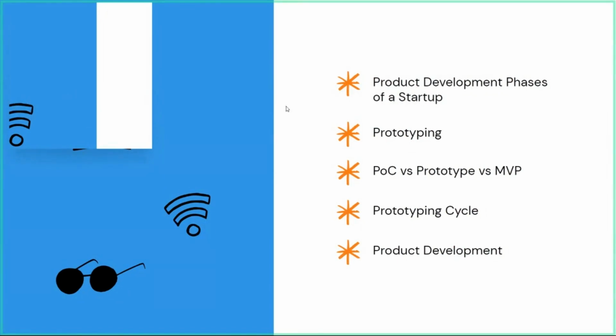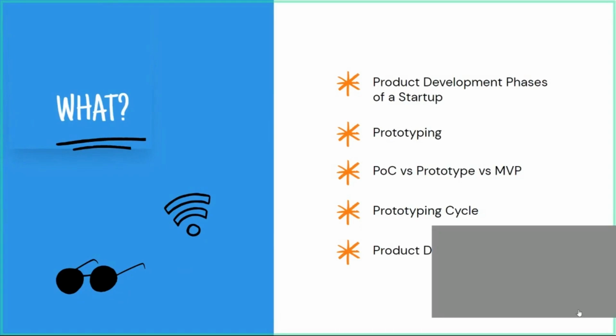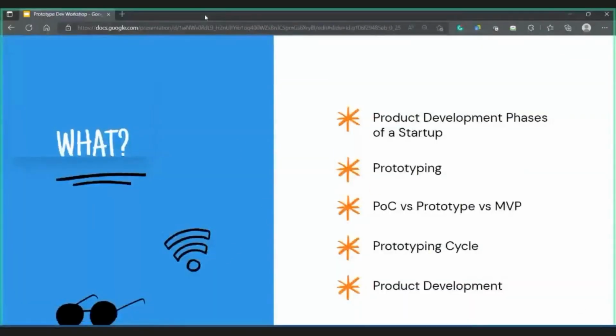So where does the differentiation occur and which one should you focus on more? And then, once we're clear about what a prototype is, we'll talk about the prototyping cycle, and then we'll eventually touch upon product development as well.